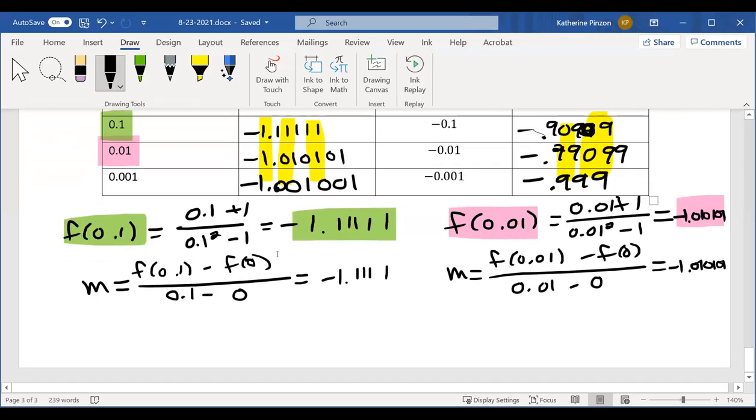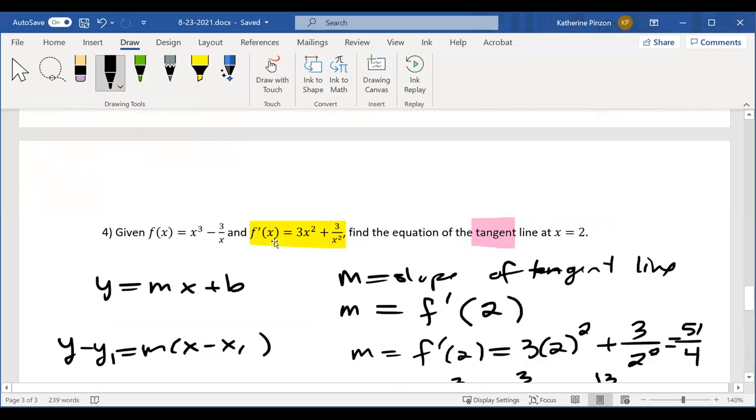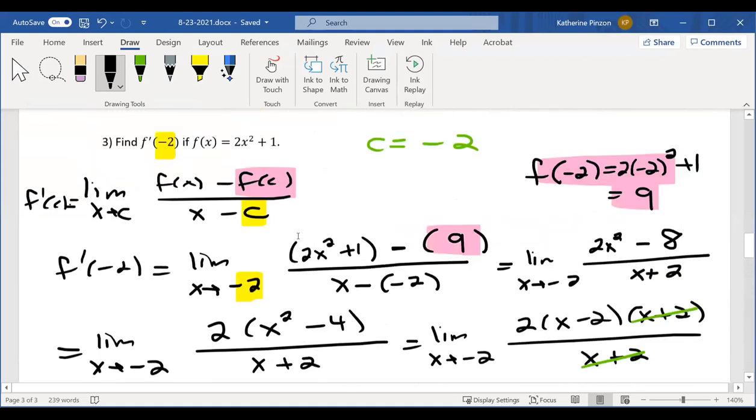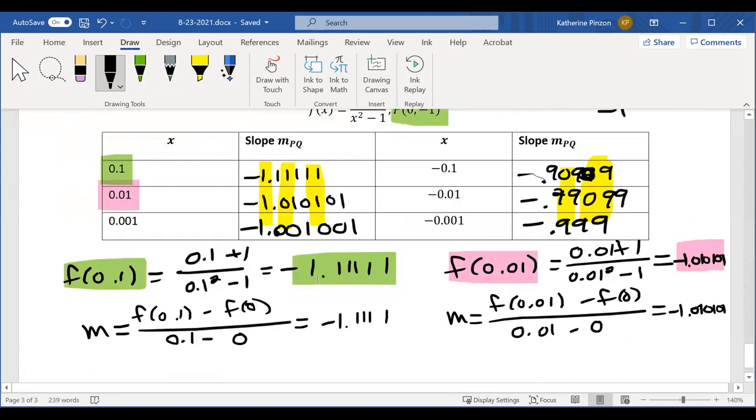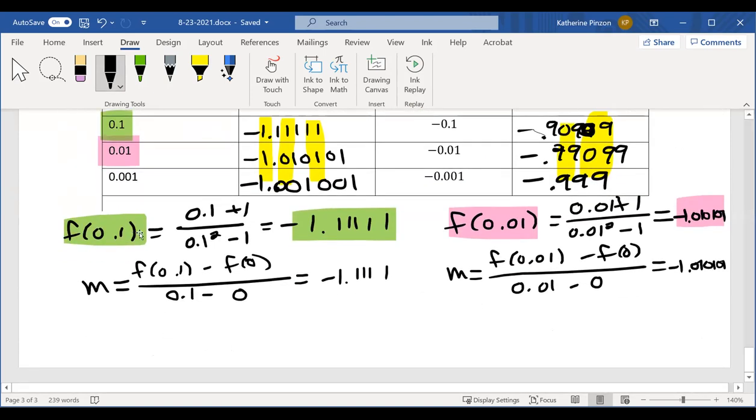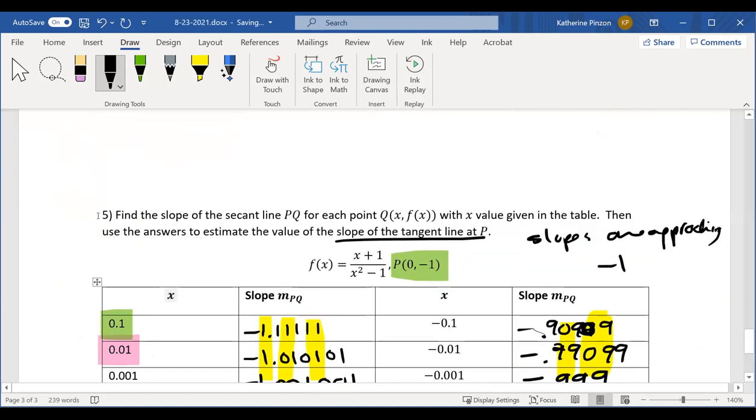Okay, I want to do one where we use the other formula. So up here we did the f of x minus f of c formula, and I want to use the other formula. Let's see if I can do it. Here we go.